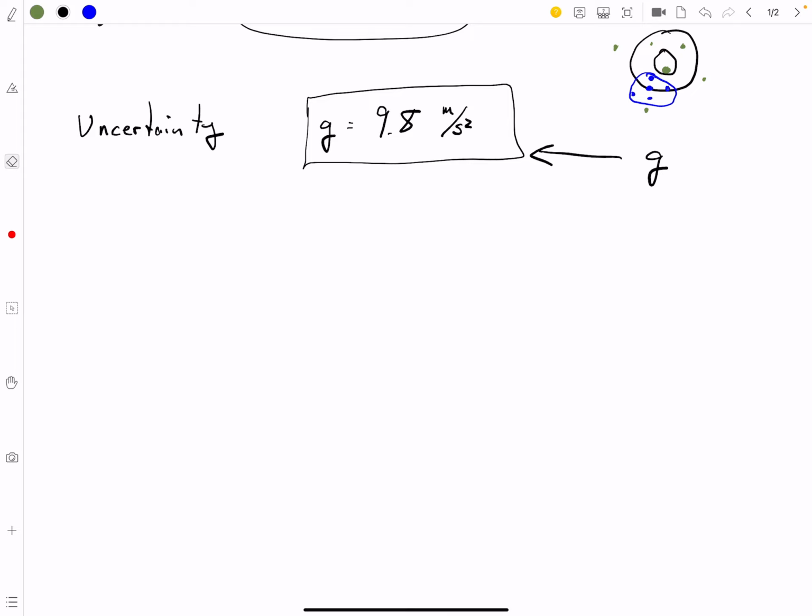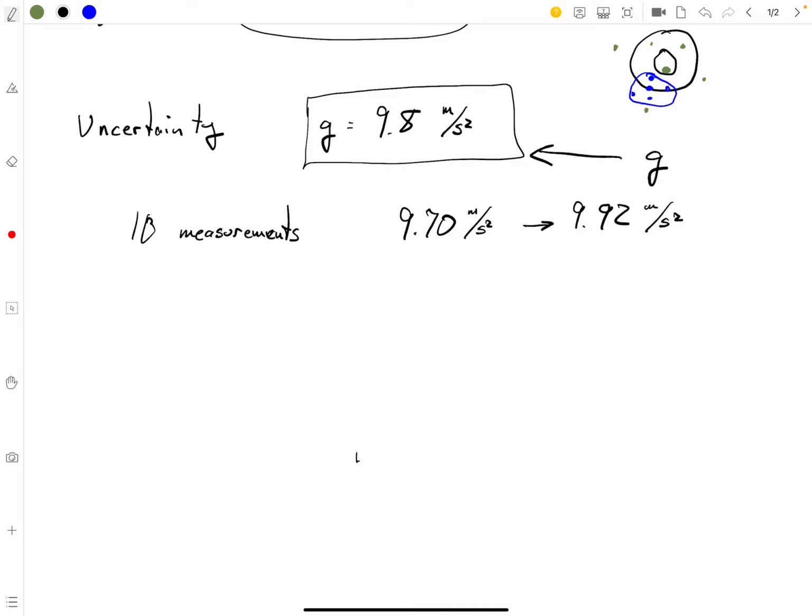Okay? But let's say we do 10 measurements. All right, we've got our 10 measurements. The values range from 9.7 meters per second squared up to 9.92 meters per second squared. So that's our range.